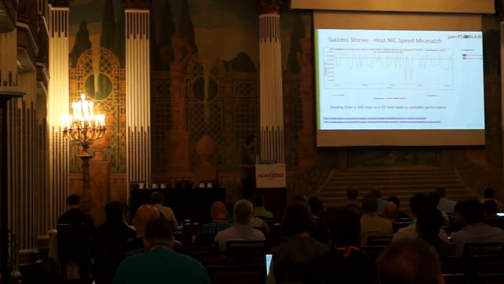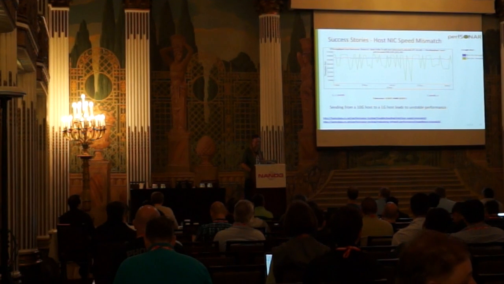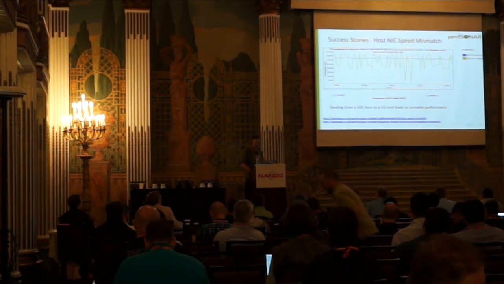It does seem like if the switch right before that 1 gig host has deep buffers, this isn't as bad of an issue, and you can pace traffic out of the 10 gig host as well to get rid of this. But this is a common signature that, once you've identified it, you can try to resolve.